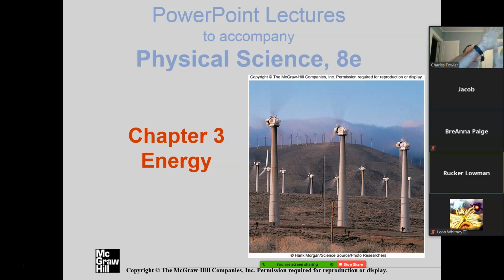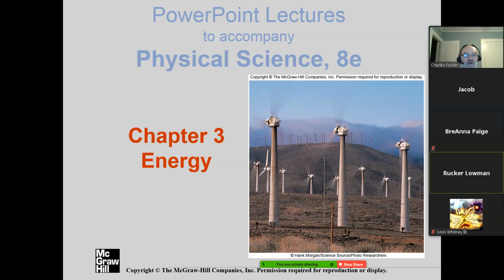Acceleration, a vector quantity, the magnitude of acceleration, a scalar quantity. Force, a vector quantity, the magnitude of force, a scalar quantity. Momentum, a vector quantity, the magnitude of momentum, a scalar quantity. That's how we describe motion mostly, in terms of vectors, though you can talk about the scalar quantities.